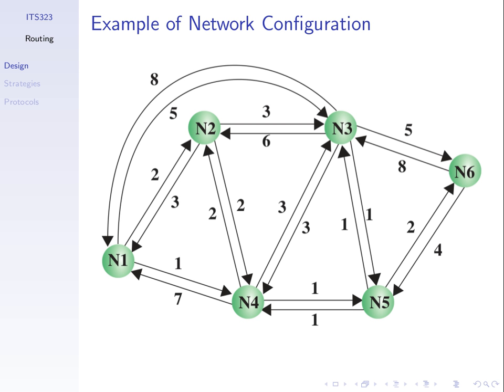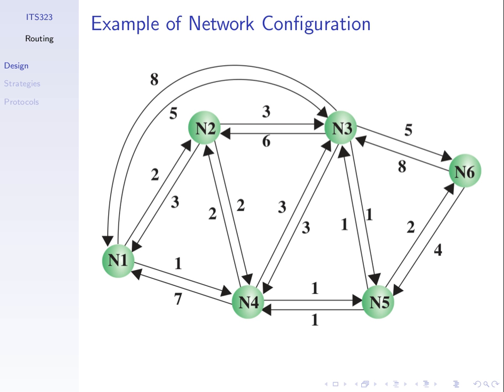What's a hop? Really, traversal of one link is a hop. So if the metric is the number of hops, the least cost path is 6, 3, 1.